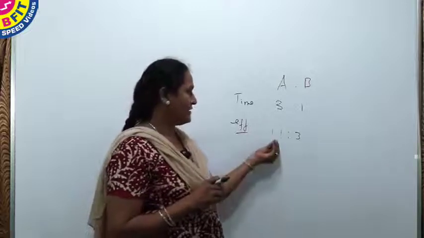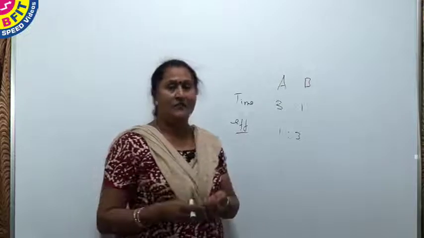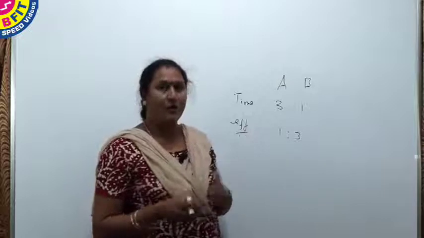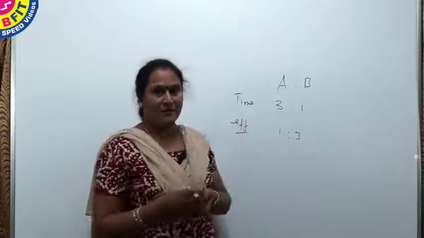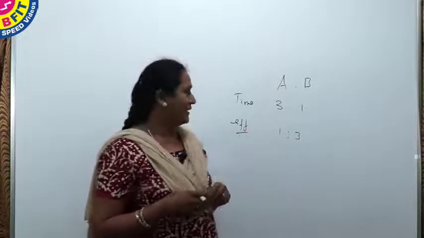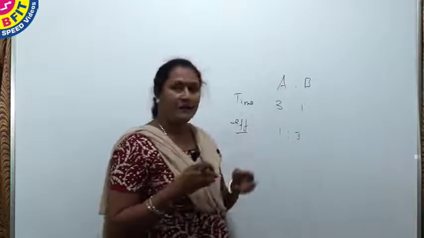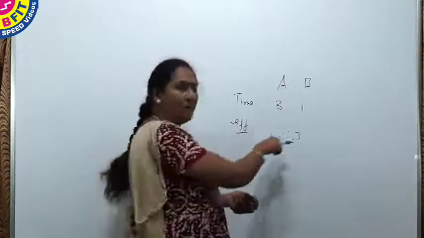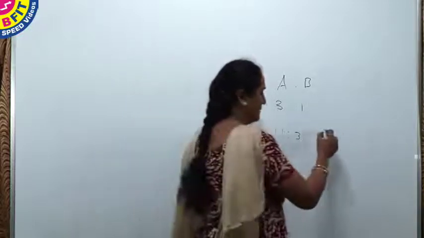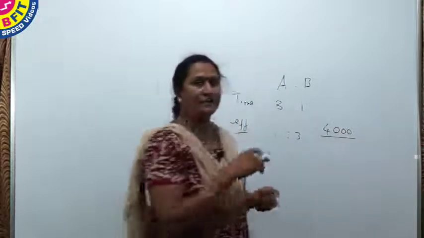When the efficiency ratio is given, by merely seeing the person, you can't decide whether a person is efficient or not. Efficiency is known by the work done by the person. So when efficiency is 1:3, we assume that A has done 1 part of the work and B has done 3 parts of the work. In total, they have done 4 parts of the work. The total amount for these 4 parts is given as 4,000.